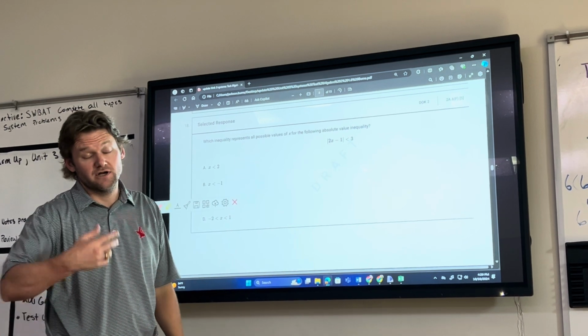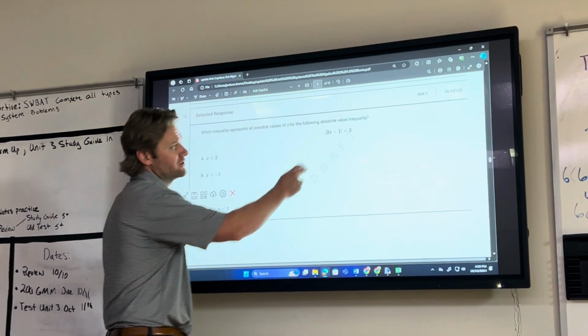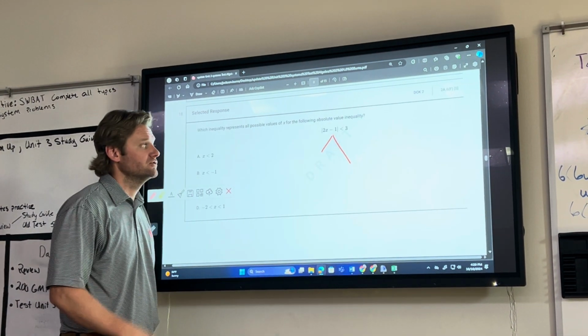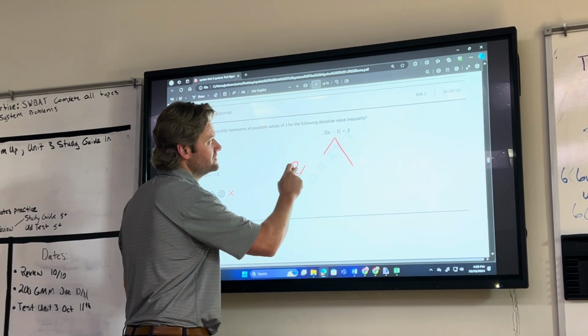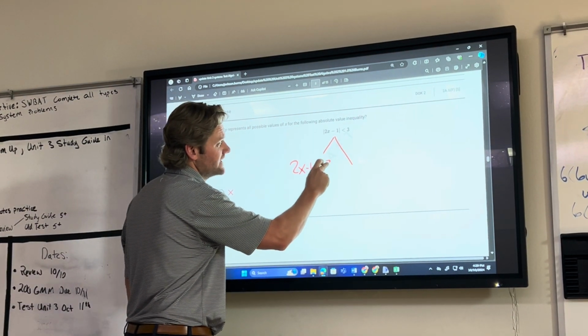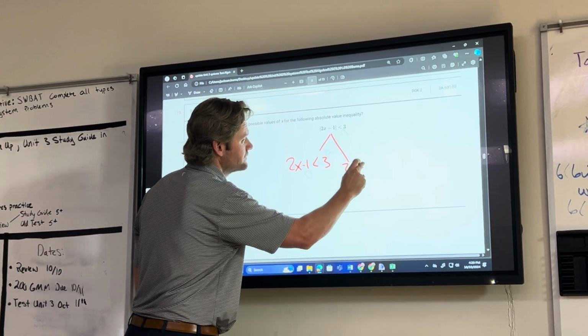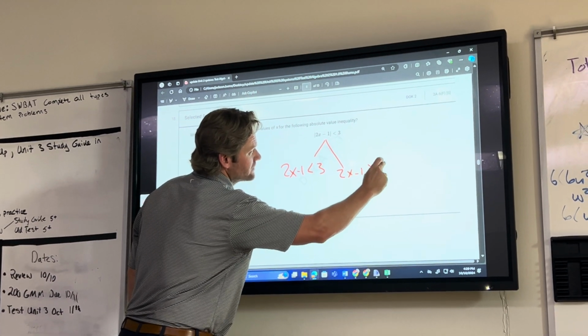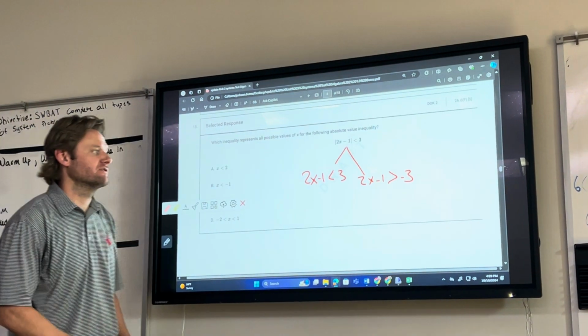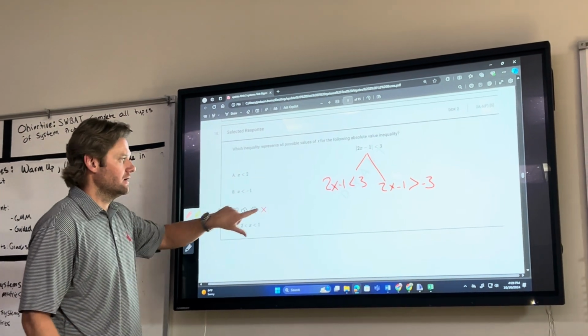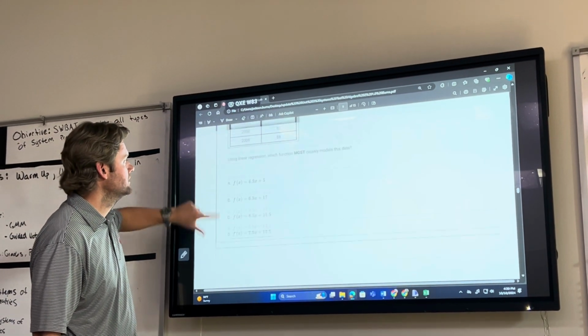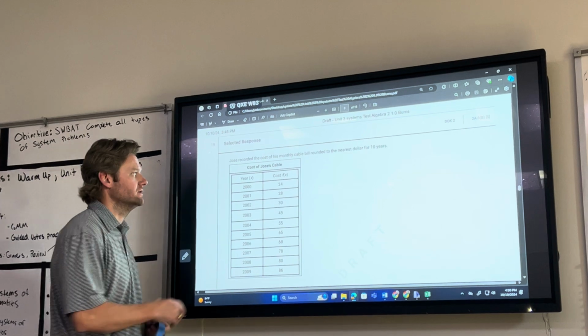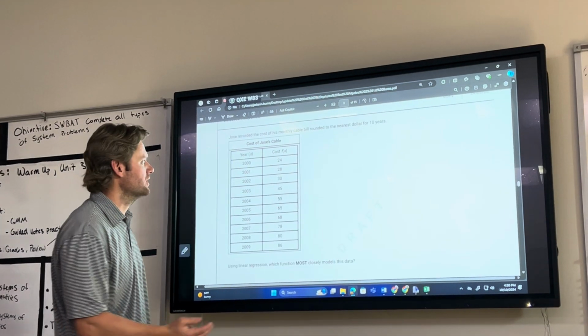Absolute value, another review problem from our unit 2. Make sure you split it into 2: 2x minus 1 is less than 3, and 2x minus 1 is greater than negative 3. Be sure to flip the sign there. All right, continuing on, the linear regression. Again, this is like that warm-up problem.